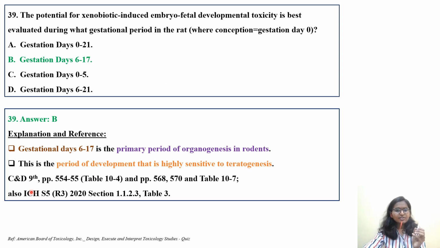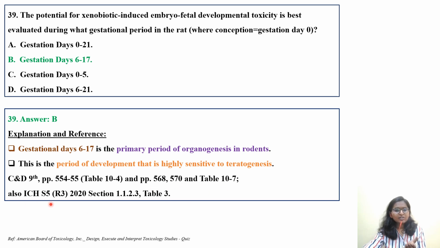Okay, so the references which are given by the ABT are Casarett and Doull, Klaassen, 9th edition, page number 554 and 555. They're asking us to read table 10.4, and page number 568 and 570, table 10.7.